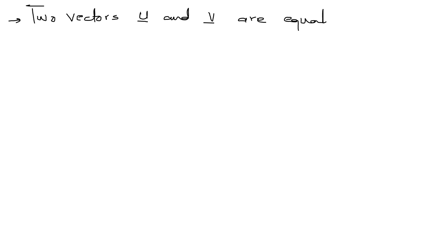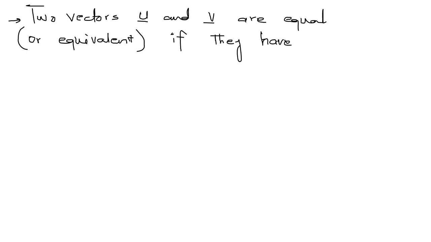Okay, the first one is that if you have two vectors and you say that two vectors u and v are equal or equivalent, that is only possible if they have the same length and the same direction.